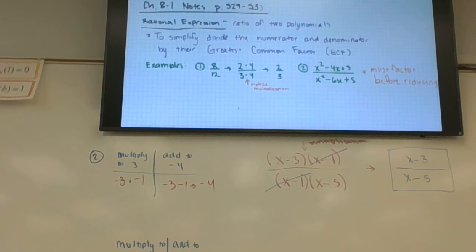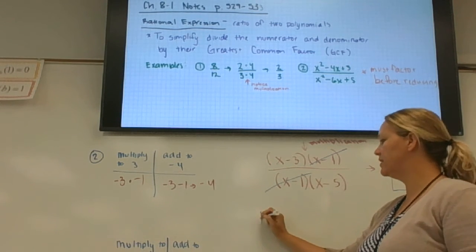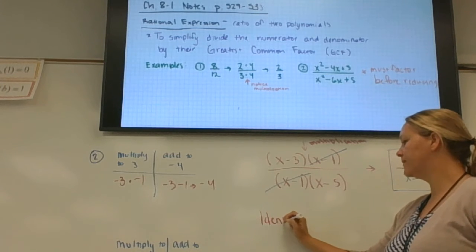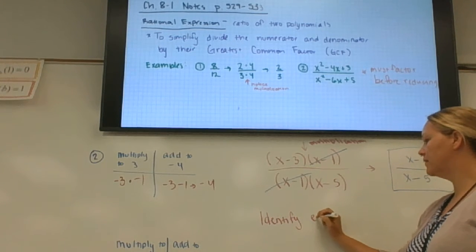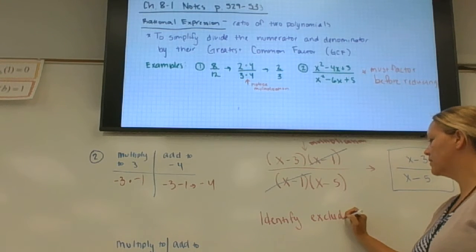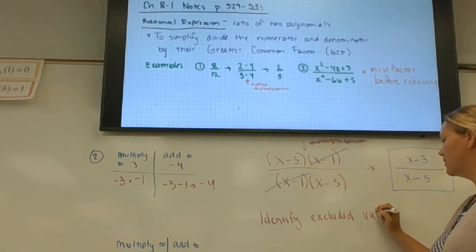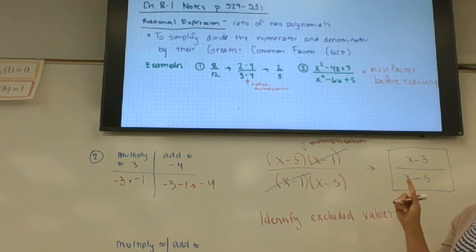One other really important note for this lesson is identifying excluded values. I've talked about this only once before this year. I mentioned this once before. I'm showing you one problem. I remember it was when we were adding, subtracting, multiplying, and evaluating polynomials. I mentioned it, and I remember it because I knew how significant it was going to be this week.